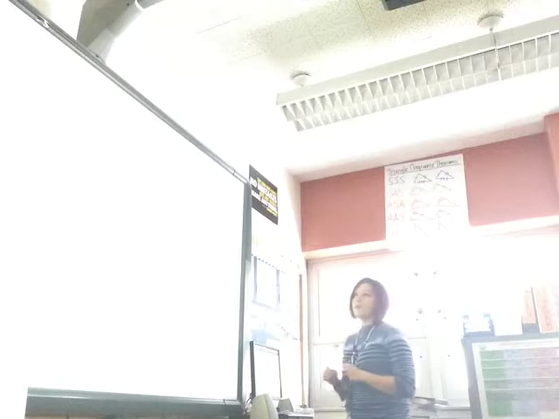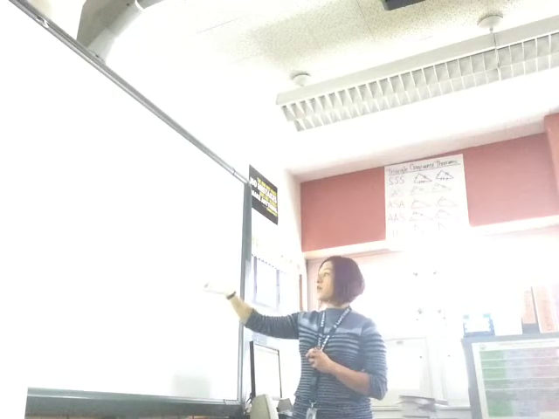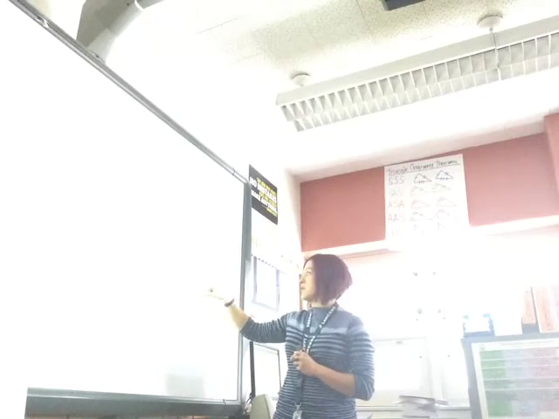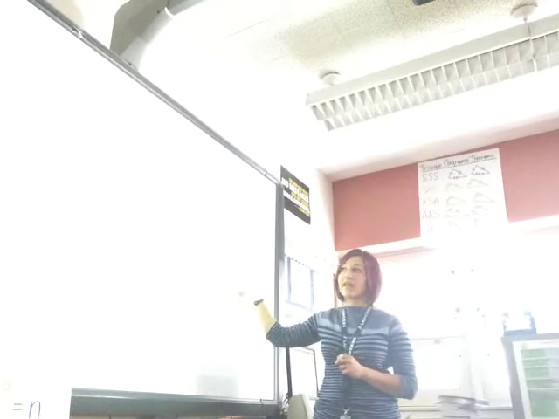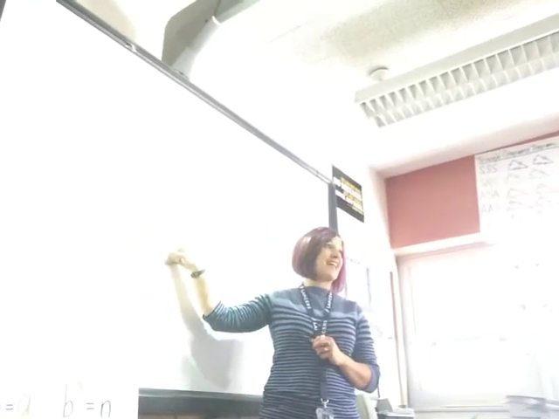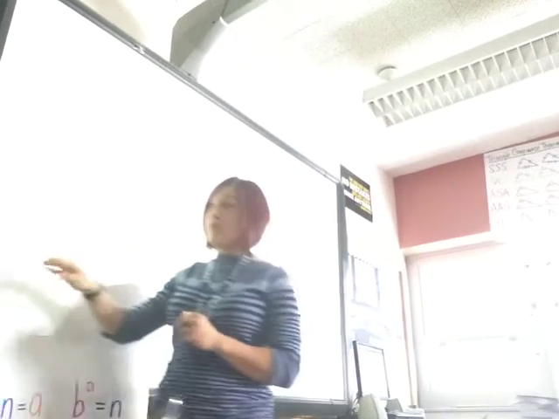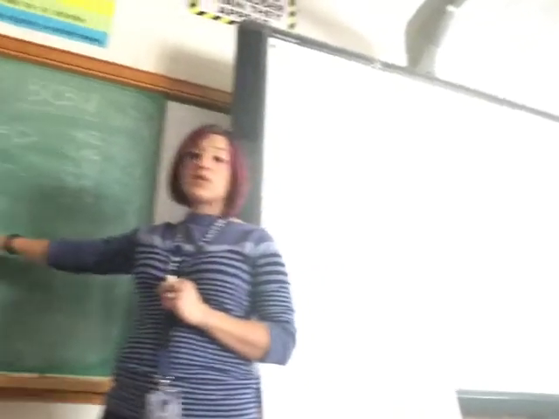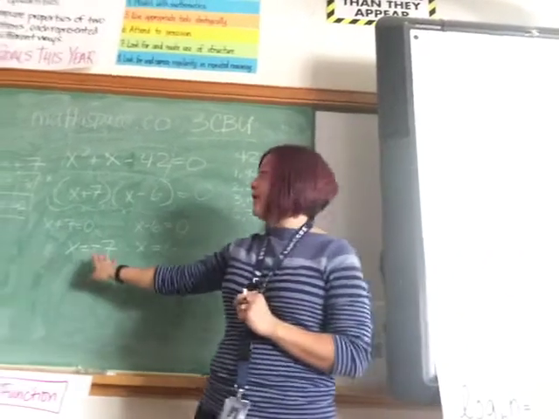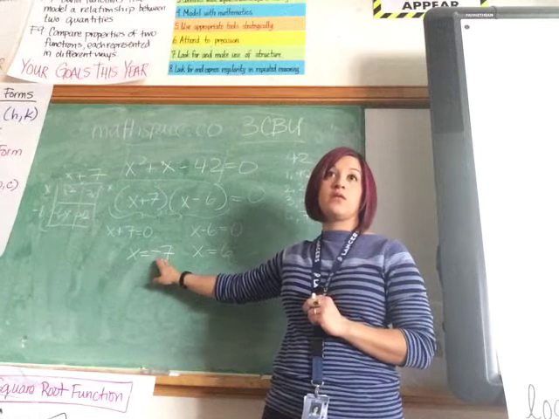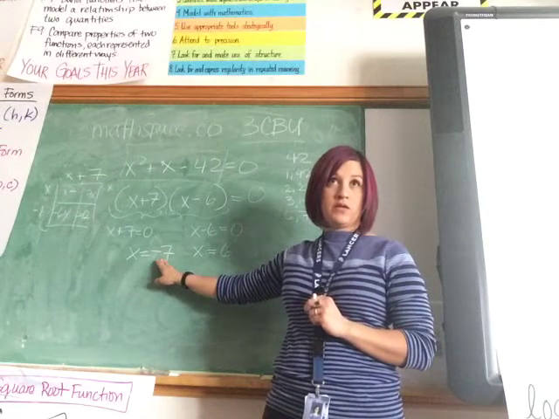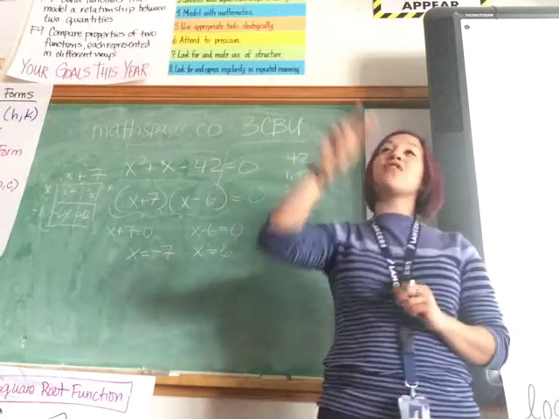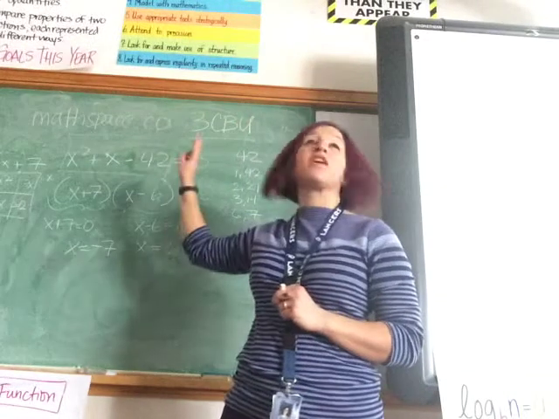Now look at where it intersects. It intersects here at 6 and negative 7. Notice that matches my solutions, 6 and negative 7. Does that make sense? Okay, so now we have two ways to go about solving an equation that looks like this.